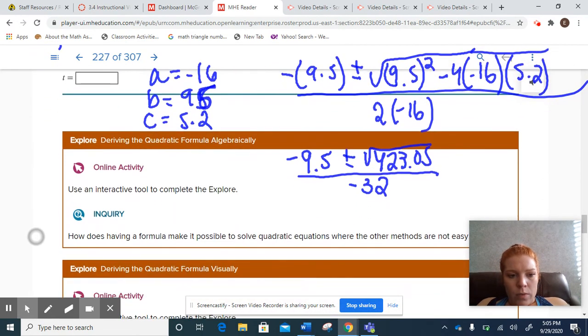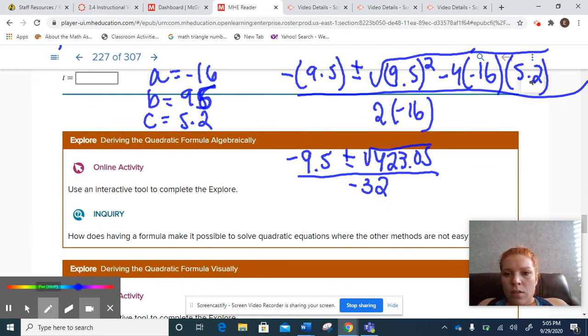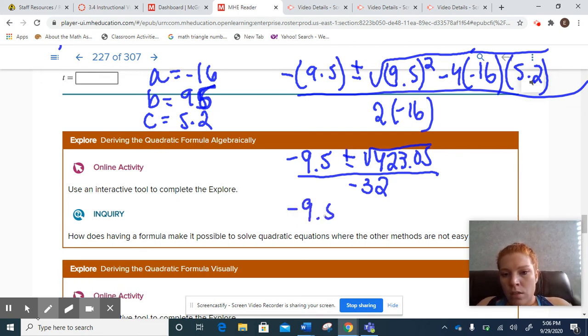We're just going to write on the words here. So I'm going to go ahead and take the square root of that number. It's going to be a decimal. 423.05 is roughly 20.57 rounded.